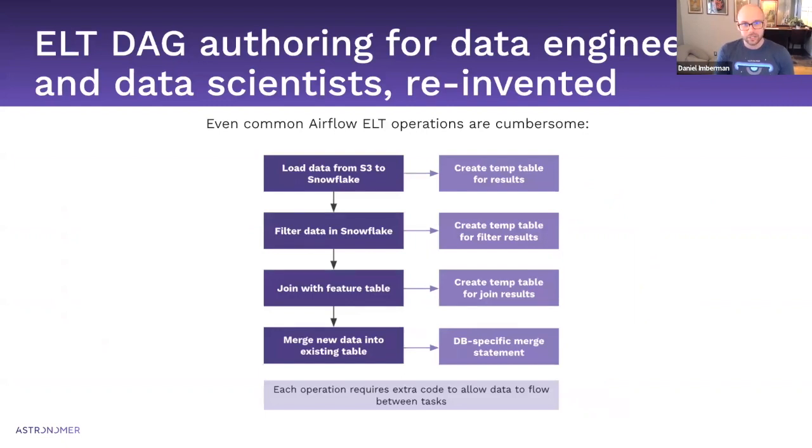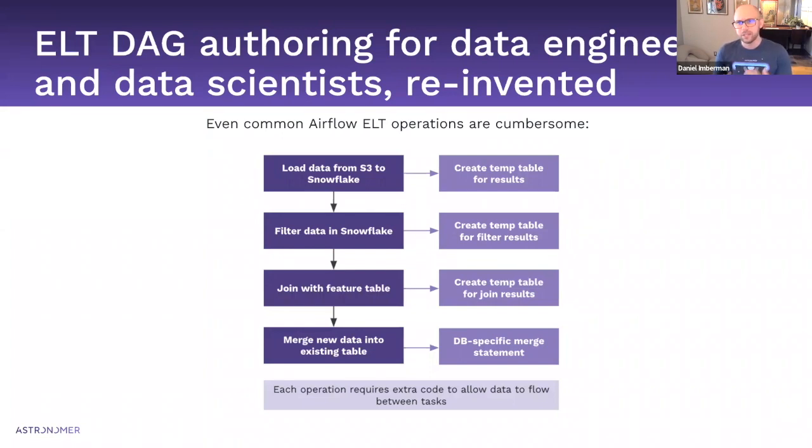So we're starting out with ELT, and a big reason why is that ELT in Airflow has not been necessarily simple so far. Let's say you have a pipeline where you're pulling data from S3 to Snowflake, and you're trying to do a series of Snowflake transformations. Well, if you're doing this with traditional Airflow, you have to own every step along the way.